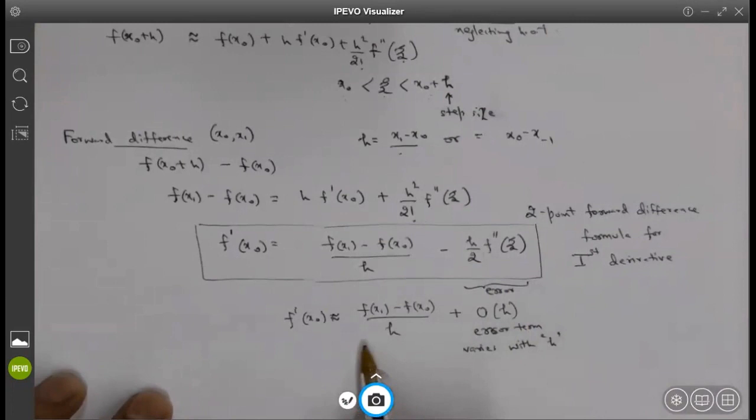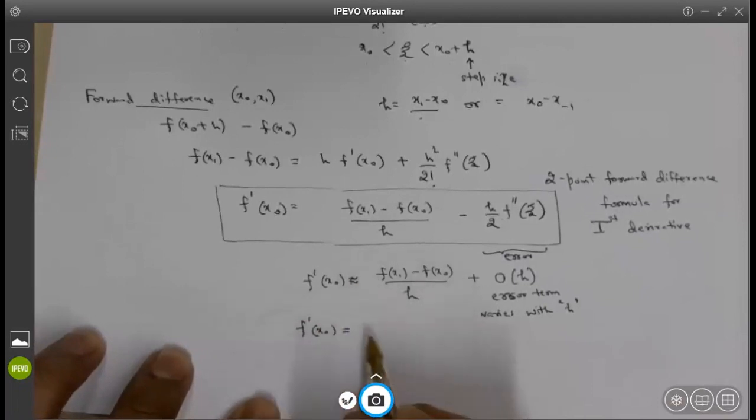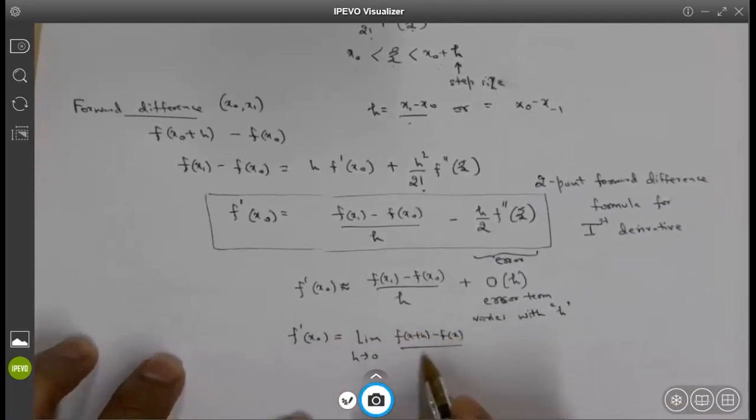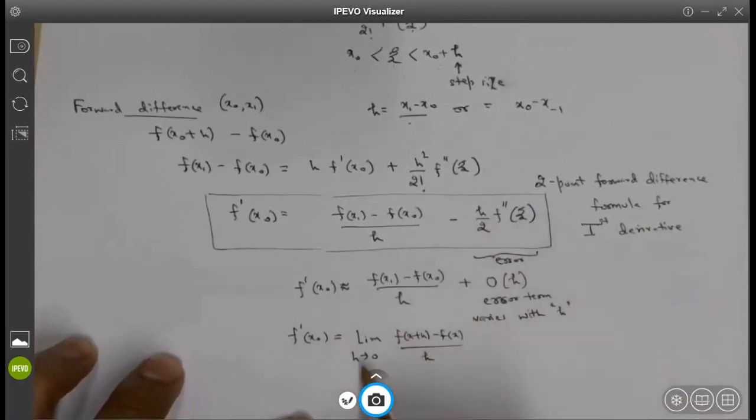Basically what it says is that as h tends to 0, in the limit, this approximation becomes the actual first principle expression for finding the derivative, which is f prime of x equals f of x plus h minus f of x, divided by h, in the limit h tends to 0.